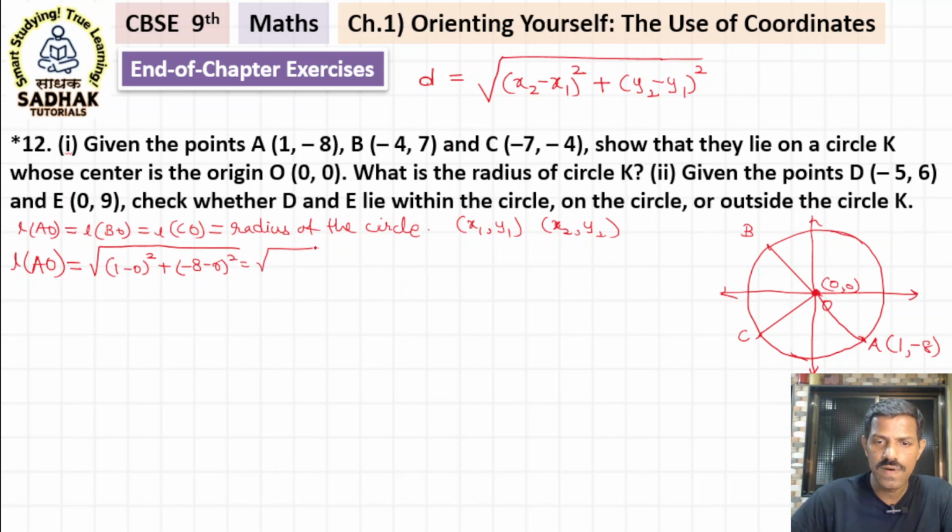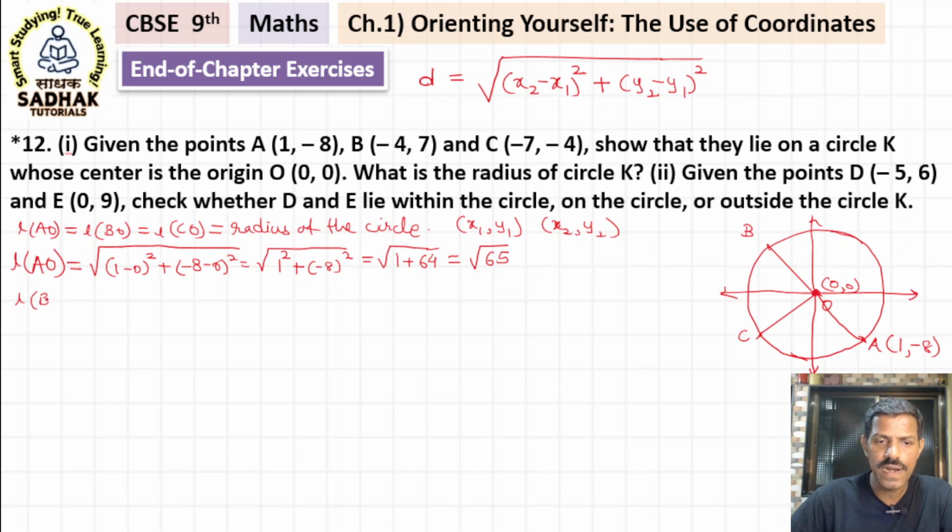That will give us 1 square plus (-8) square, that is 1 plus 64. The squares of negative numbers are also positive. So that will give us square root of 65. That is the length of AO.